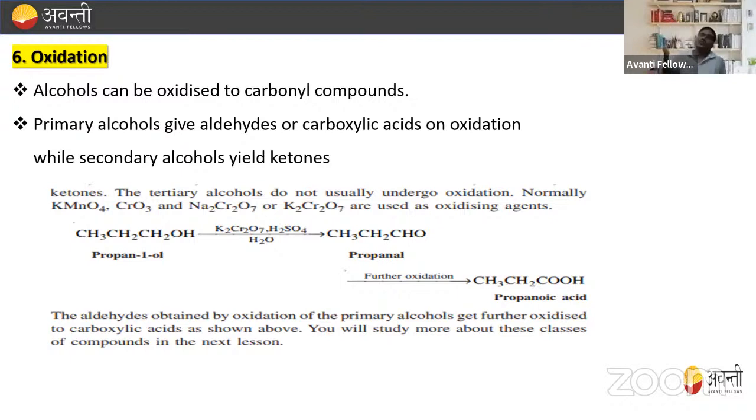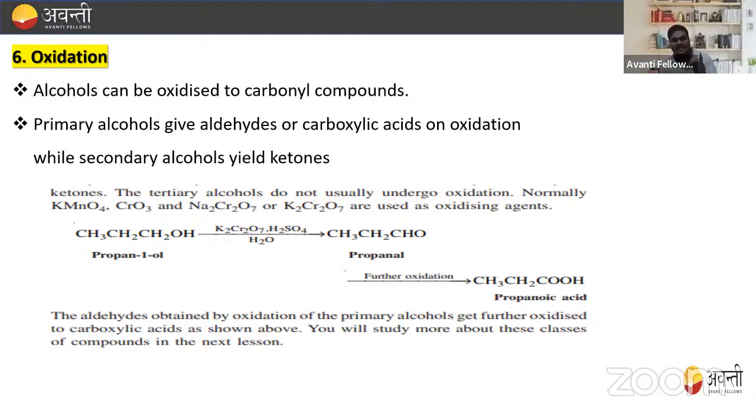By the reduction of carbonyl compounds, that is aldehyde, ketone, or carboxylic acid, we get alcohol. Similarly, by the oxidation of alcohol, we get carbonyl compounds like aldehyde, ketone, and carboxylic acid.